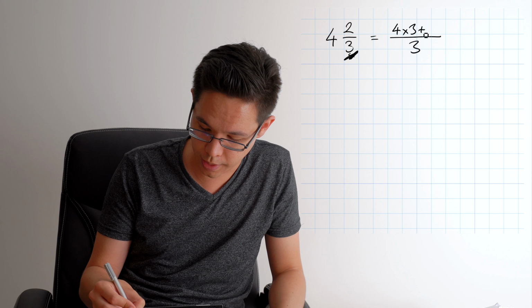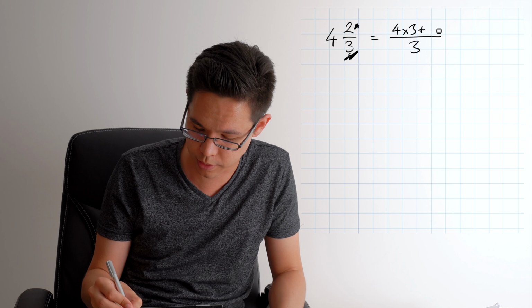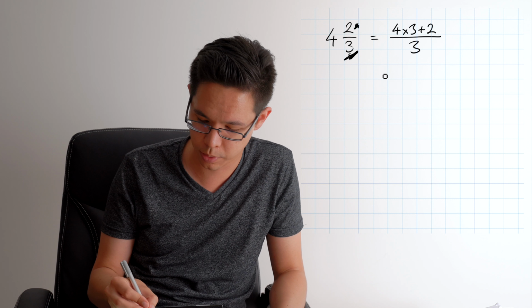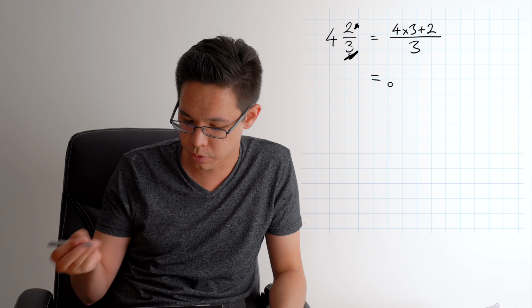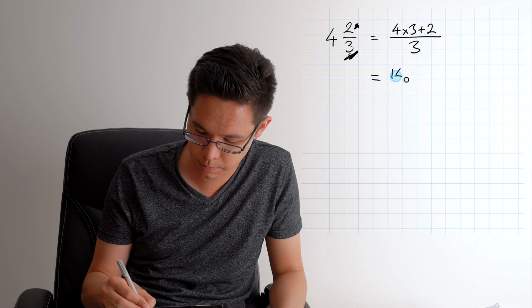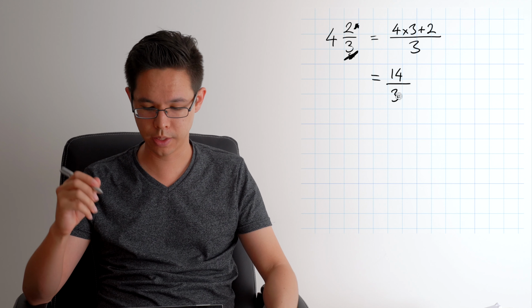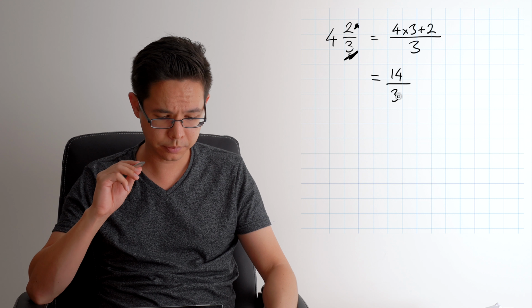And then I add that remainder that was still sitting there in the first place, the 2/3. So now I smash it all together. 4 times 3 gives me 12, 12 add the 2 gives me 14. So my answer is 14 over 3, or 14 thirds.